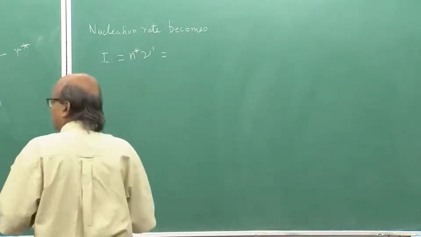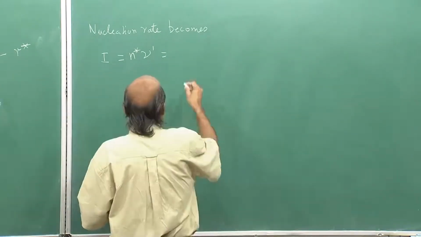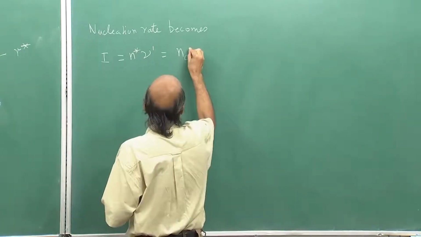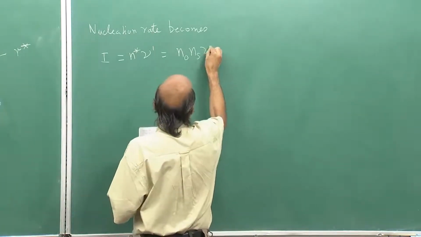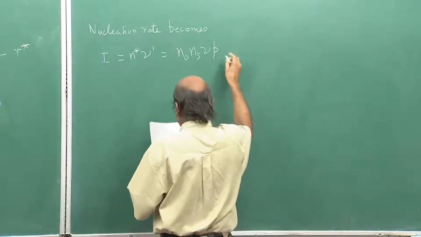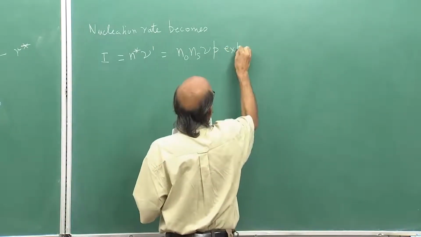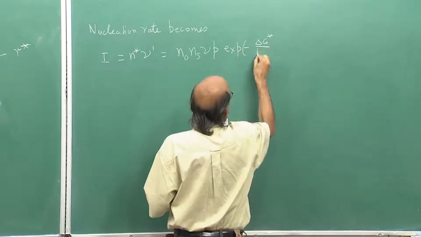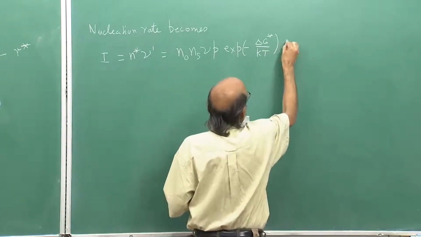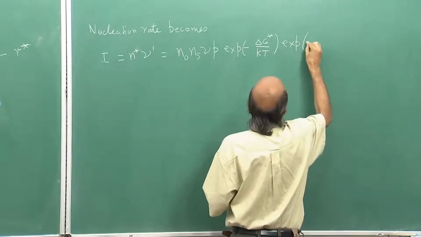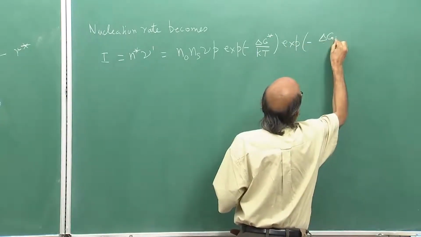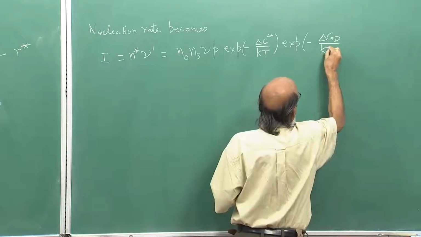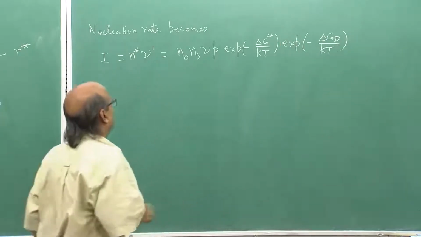If I take the product of all of these, I will have N0 Ns nu P exponential minus delta G star divided by kT times exponential minus delta GD divided by kT.